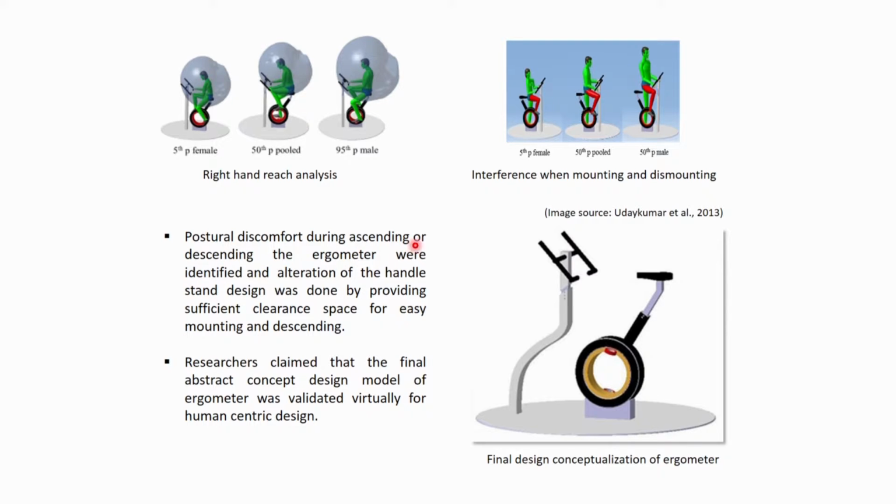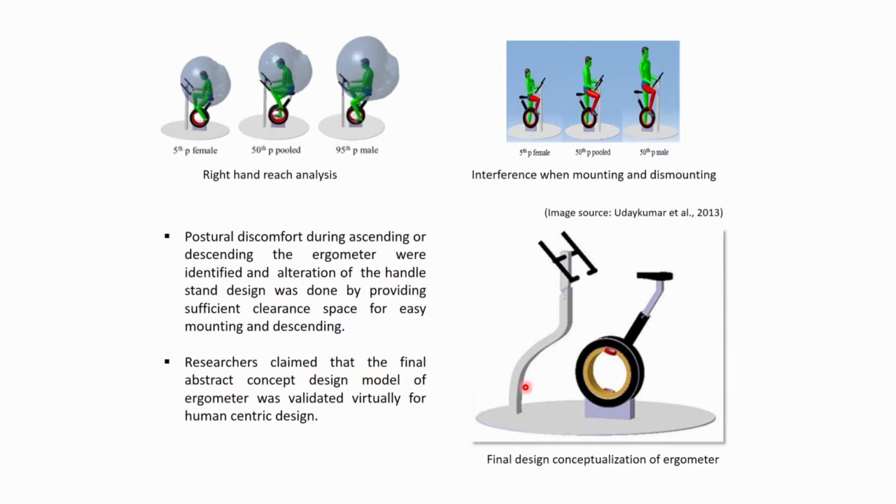Postural discomfort during ascending or descending the ergometer was identified, and alteration of the handle stand design was done by providing sufficient clearance space for easy mounting and descending. Earlier it was straight; following this analysis, it was found that the space was insufficient and the person has to lift their leg from one side to another, so this space was increased.